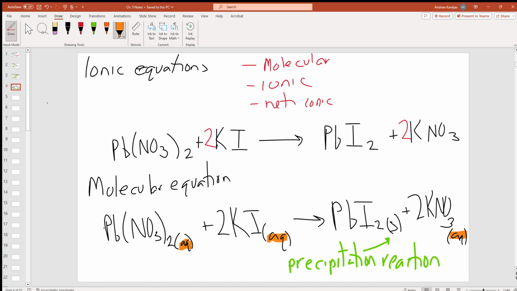And any compound that won't dissociate, that'll stay together and forms a precipitate, will be denoted by having solid after it. And in a couple of minutes, we'll show how we can determine whether a species is going to be dissociated or not.